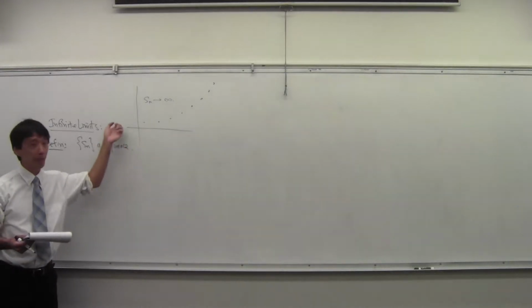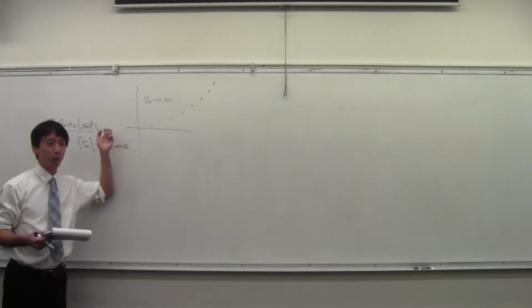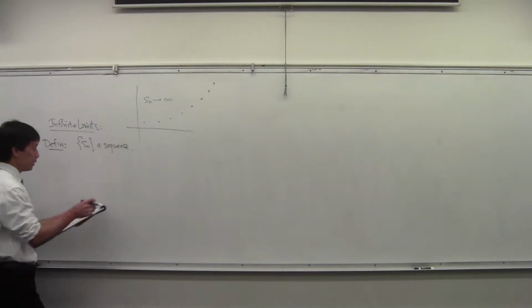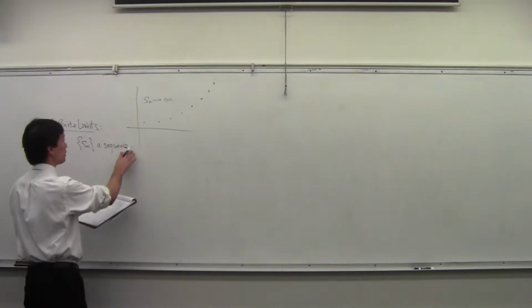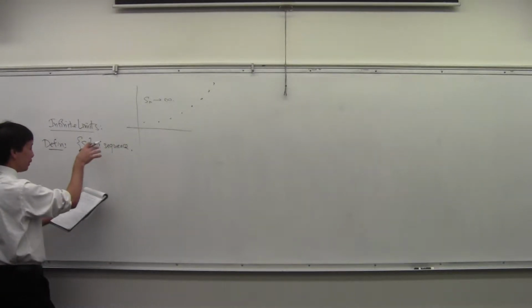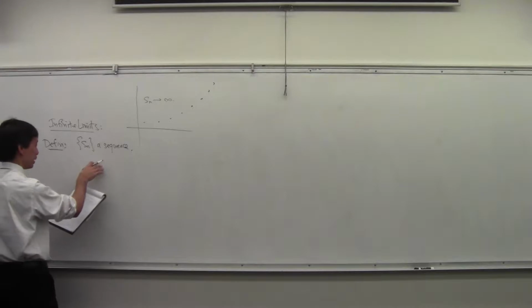From here on in we're going to say the sequence converges to infinity, or diverges to infinity. We want to describe this mathematically rather than just say it gets bigger and bigger. If you have a sequence with the following property, then we say that it converges to infinity.